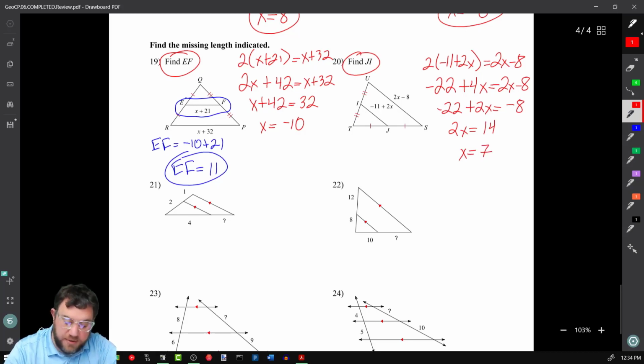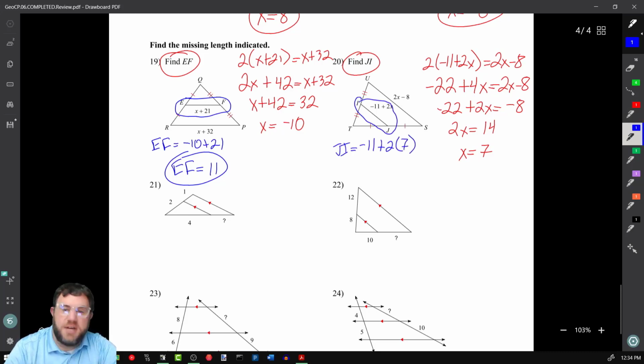So x is 7, but that's not our answer. We're told to find JI. Let me change colors there. Okay, so JI equals negative 11 plus 2 times 7. So that will be negative 11 plus 14. So JI equals 3.